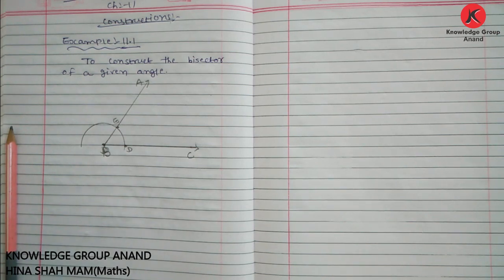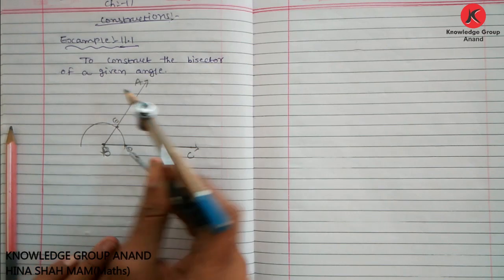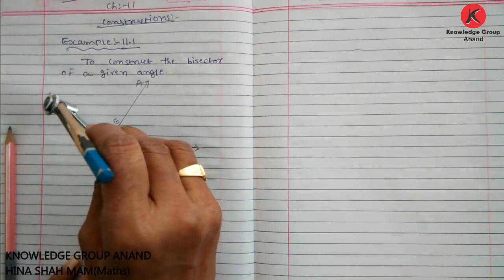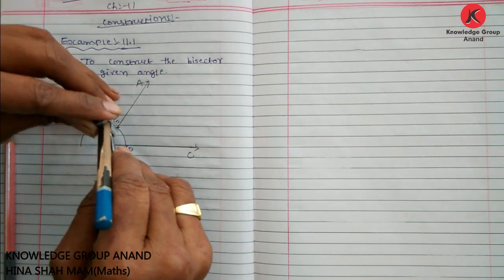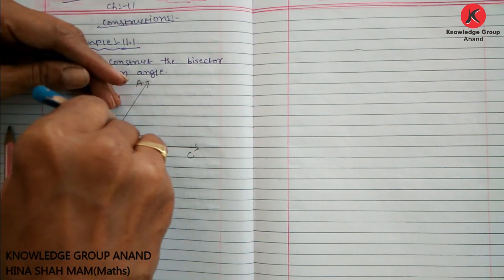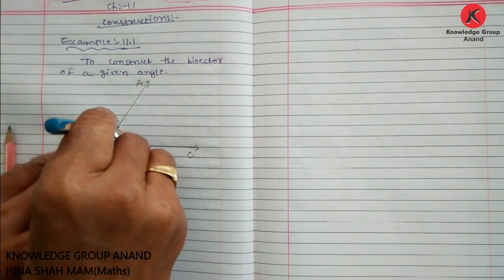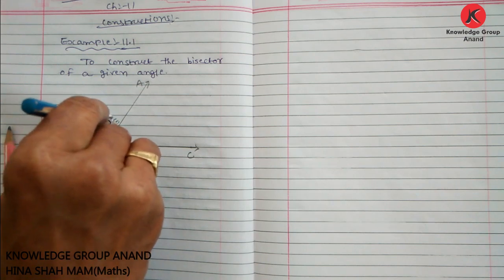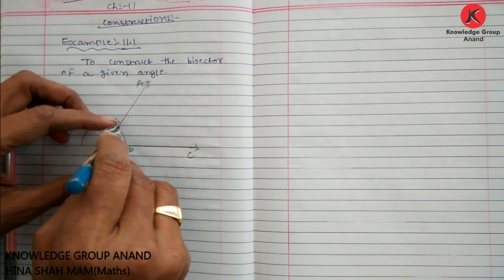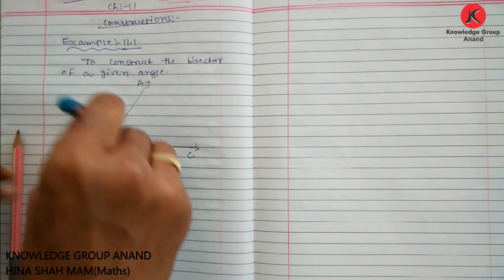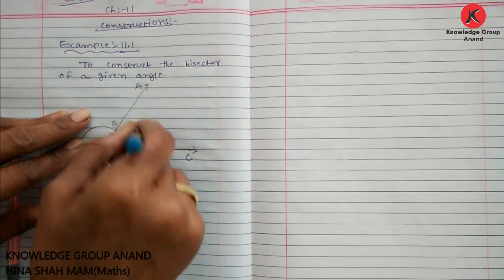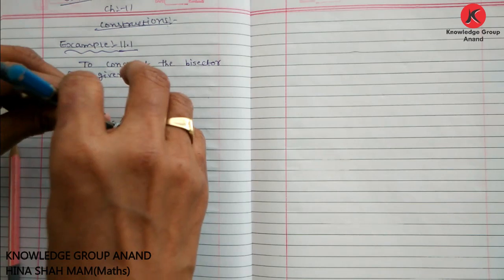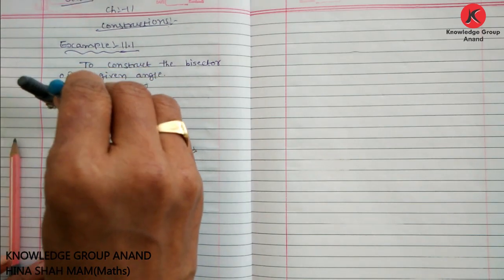Taking D and E as centers and with a radius more than half of DE, suppose it is like this or this, we draw an arc.